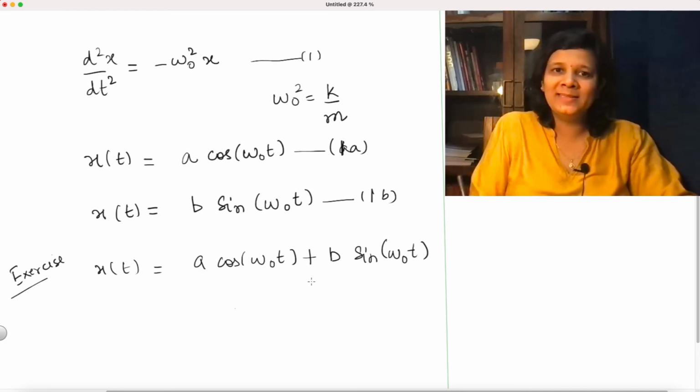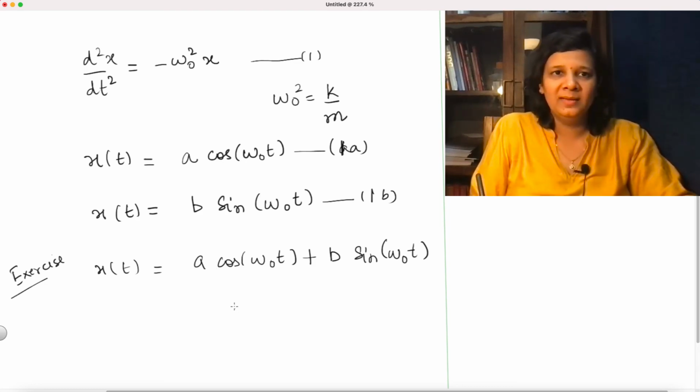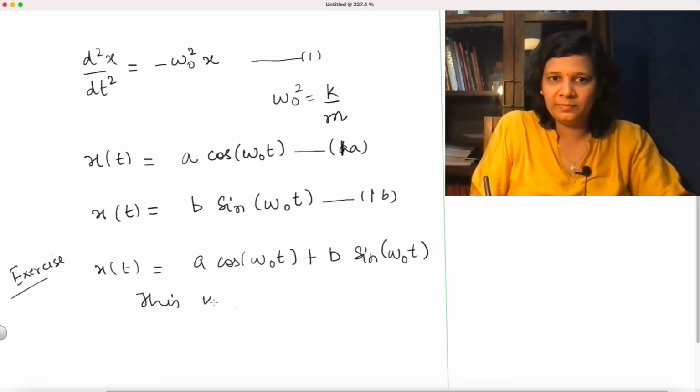You will see that when you substitute this in equation 1, this will also be a solution of our differential equation. And this is the most general solution.